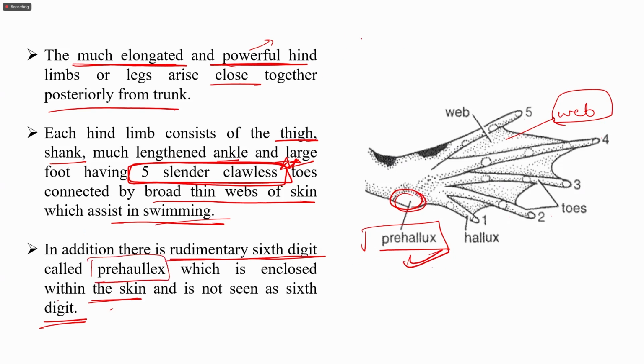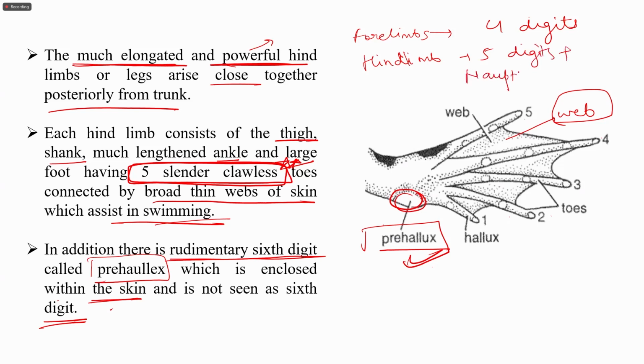One thing we need to remember is that in forelimbs we have 4 digits without web. In the hind limb we have 5 digits with web, which is the skin structure.